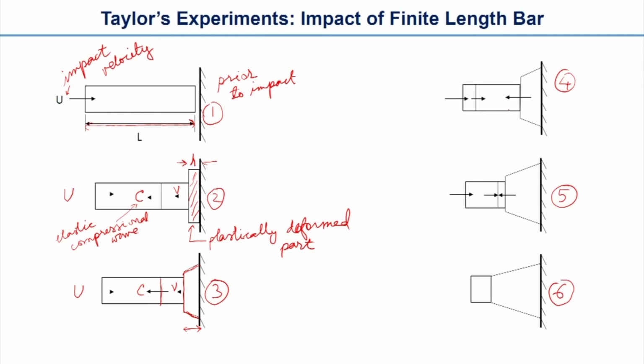Now at step number 4, the elastic wave hits the free surface, the back surface, and it is going back now. We call this a release wave, the reflected elastic wave.